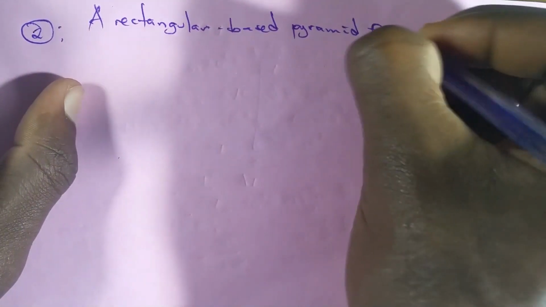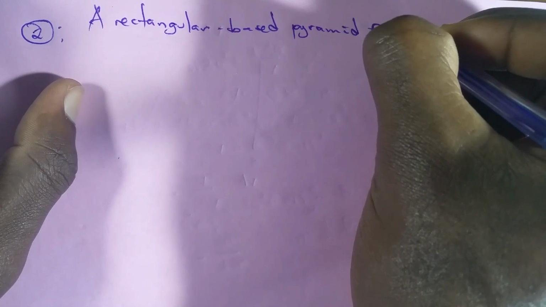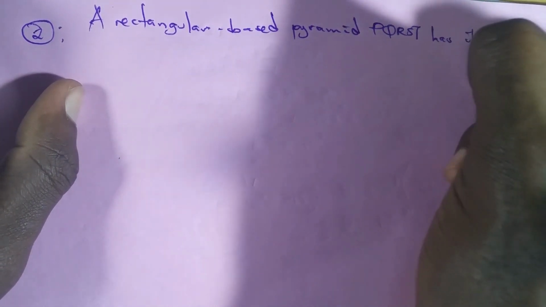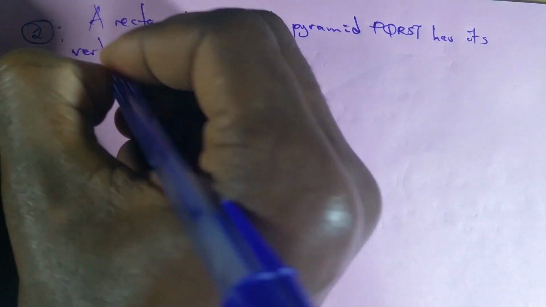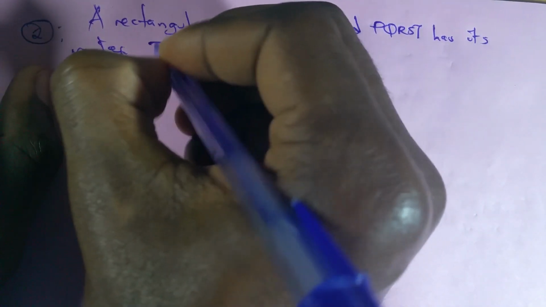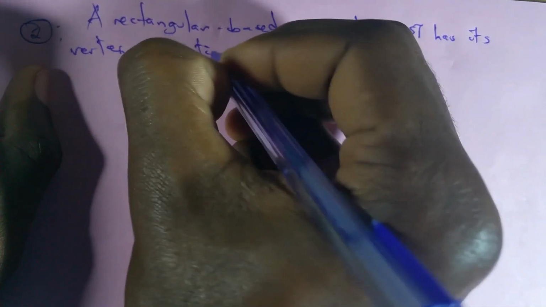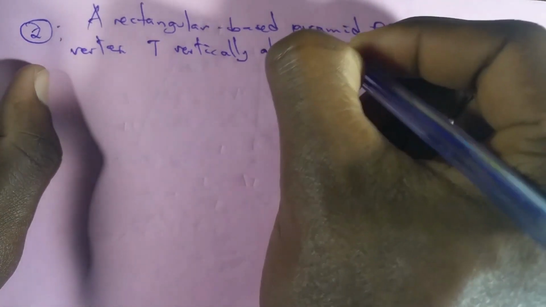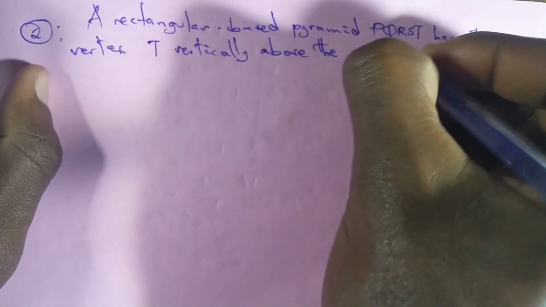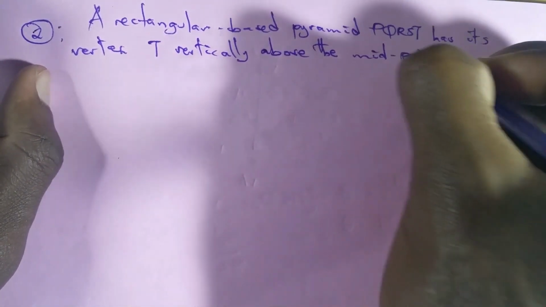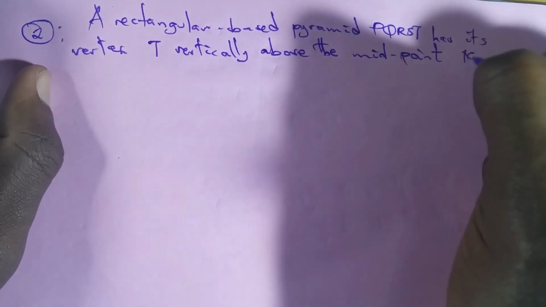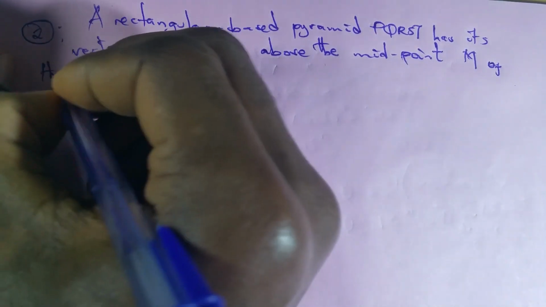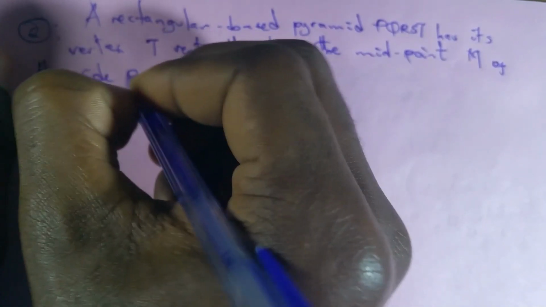PQRST has its vertex T vertically above the midpoint M of the side PQ.